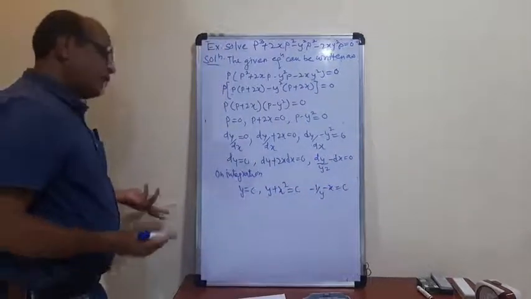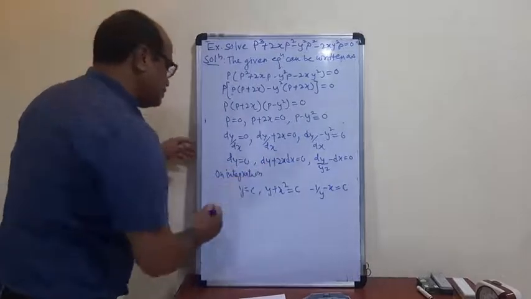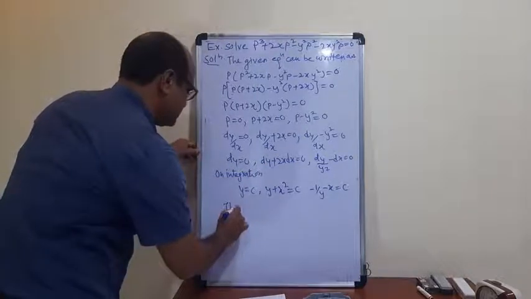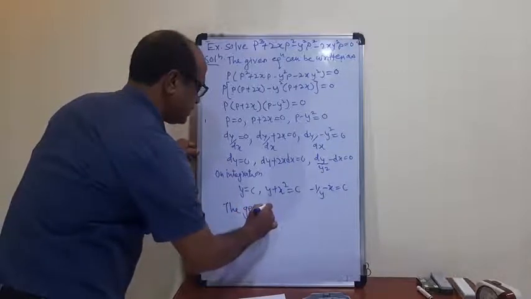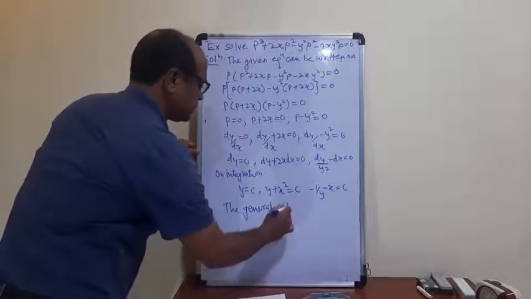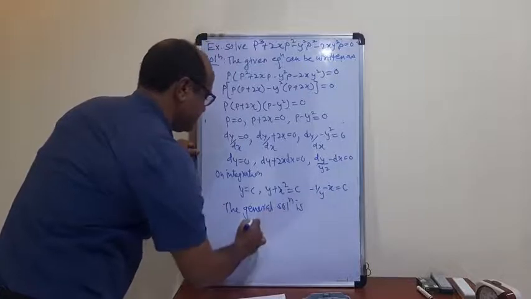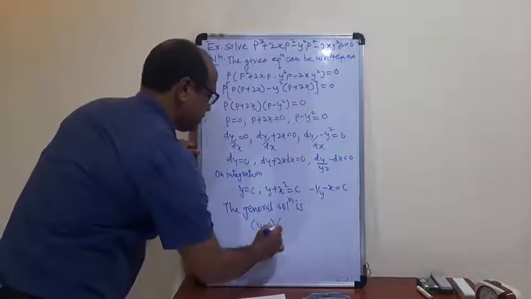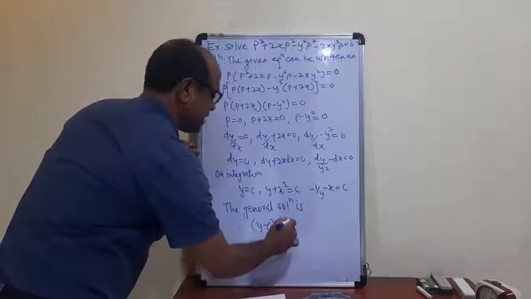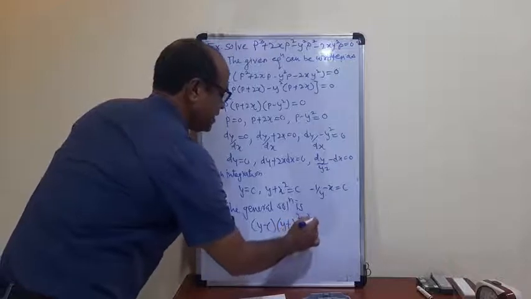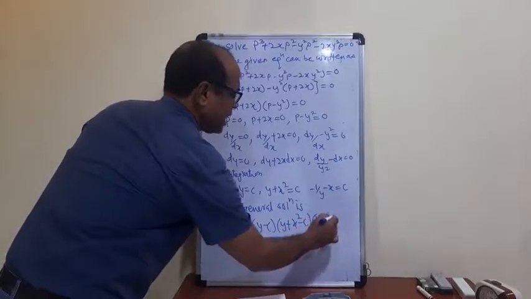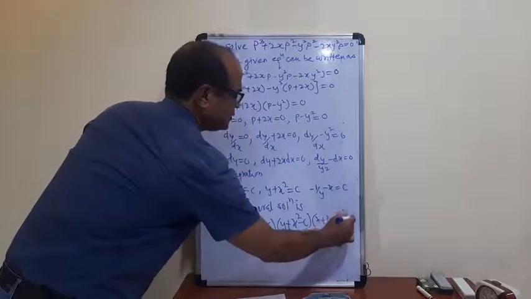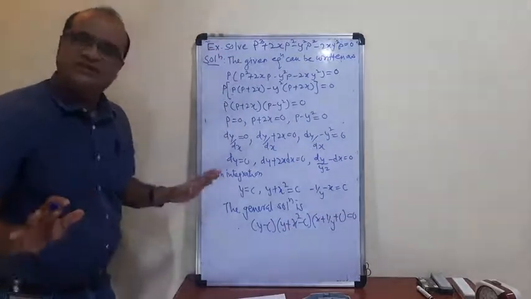So now combining these solutions, the general solution is y minus c into y plus x square minus c into x plus 1 upon y plus c is equal to 0. So this is the solution.